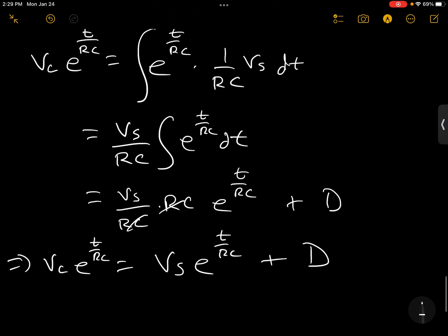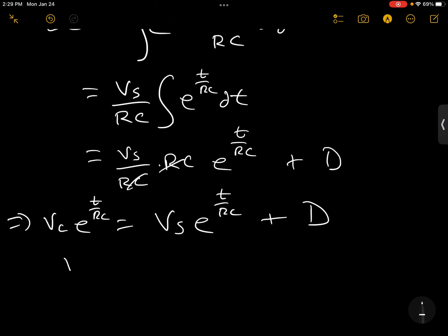Now multiply through by e to the minus t over RC. So we have VC equals VS plus VS D e to the minus t over RC. And that's our solution.